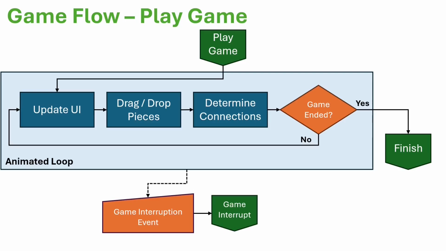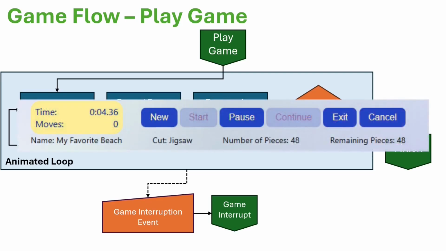But the one thing I want to draw your attention to here is that there is what we call a game interruption event. And that basically means that as they are moving all the different pieces, they can click on one of the option buttons at the very top of the screen. And let's take a look at what those particular option buttons are.